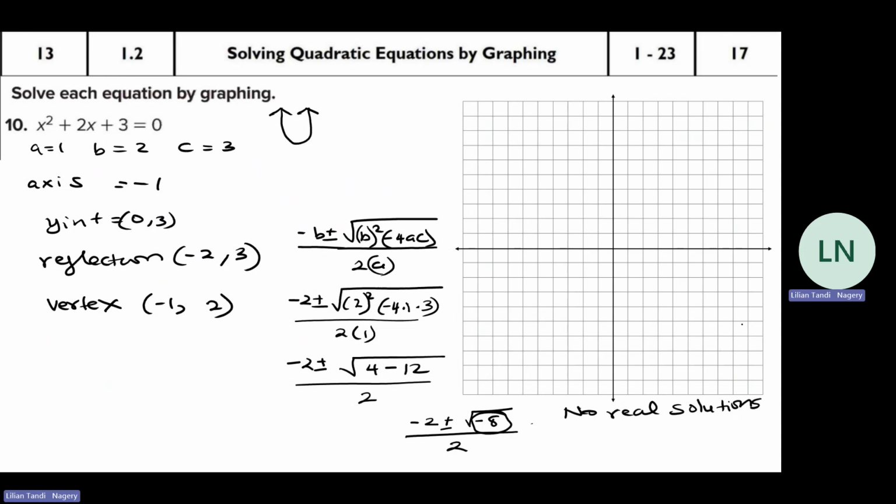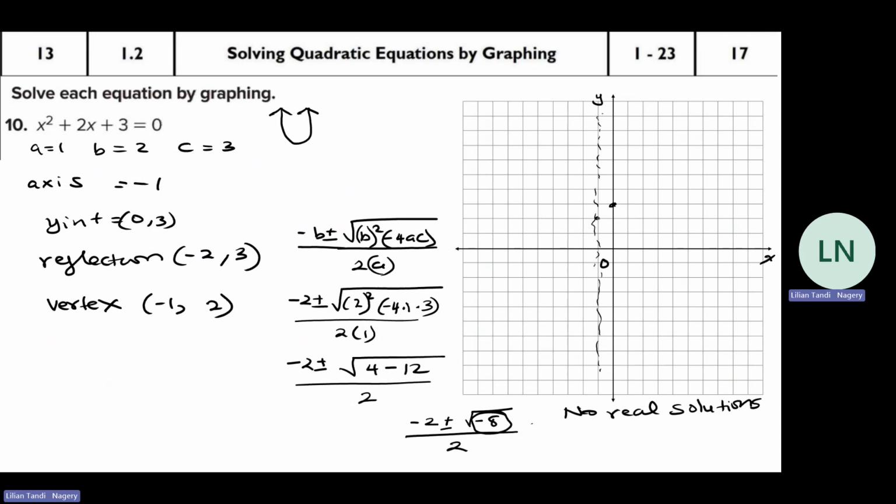So my graph will be above my x-axis. At the latter is my y-intercept. Okay, what's my axis? -1. Somewhere here. Where is my vertex? -1, 2.